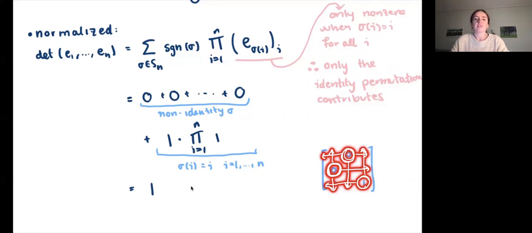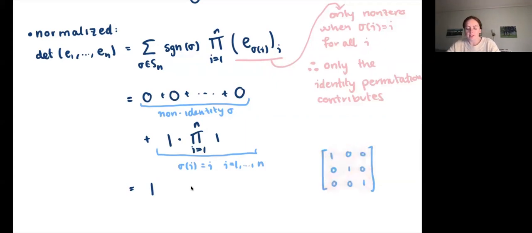And in this case of looking at the standard basis, we're going to get zeros unless we just pick these to be the rooks. The diagonal is the only way to get something non-zero when we take the product. Okay, so that's why this is normalized.